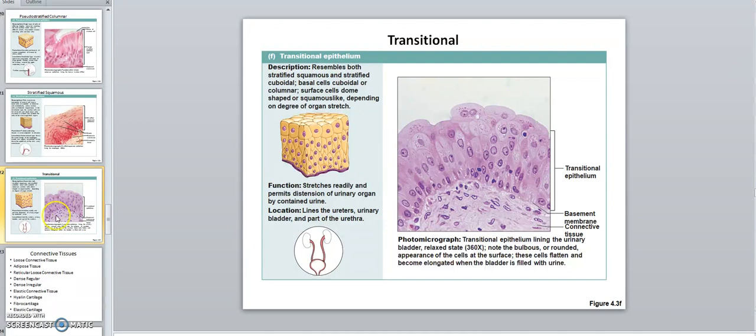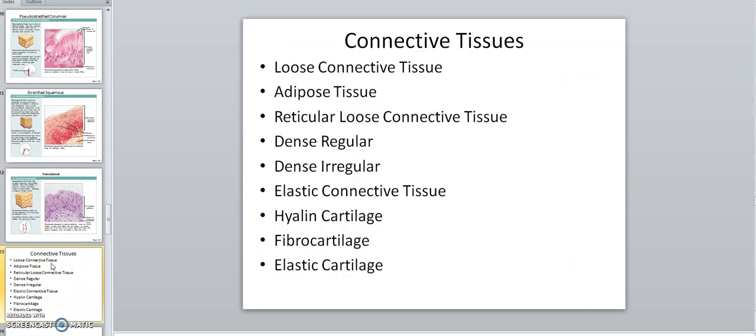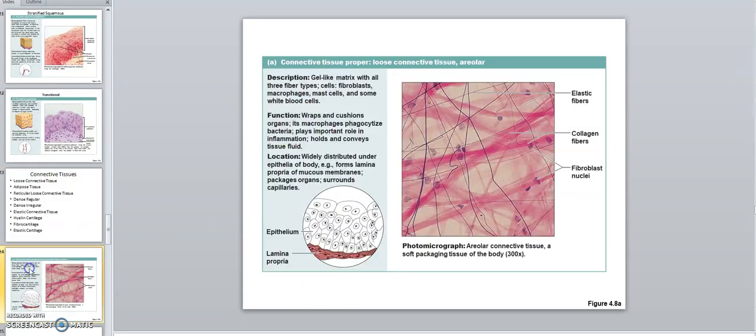All right, now we go to connective tissues I'd like for you to be familiar with. These are the ones, loose, adipose, so forth like that, okay? And you can look back at this. This is loose connective tissue. In a connective tissue, remember you have 3 things: cells, fibers, and amorphous ground substance.